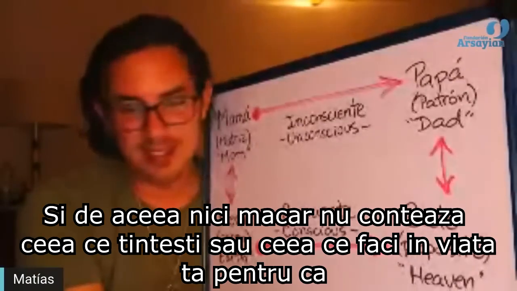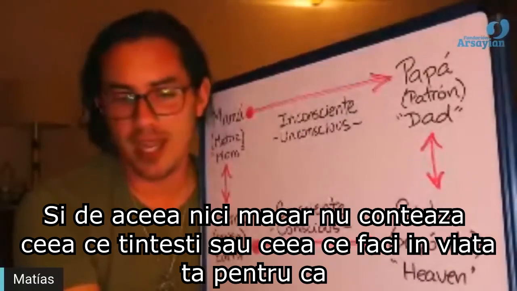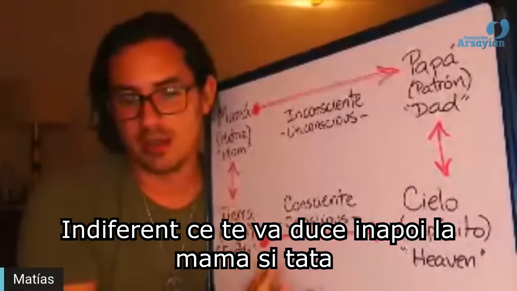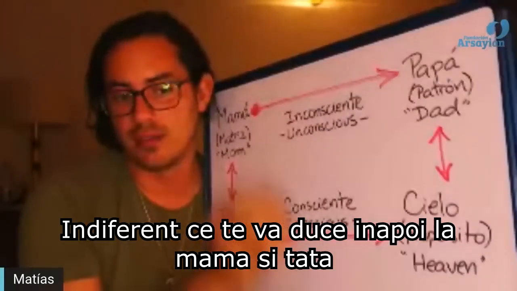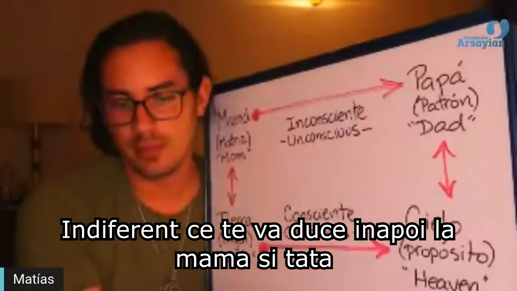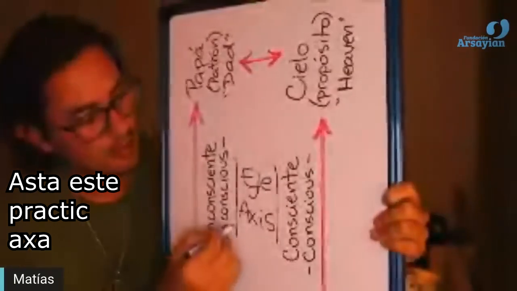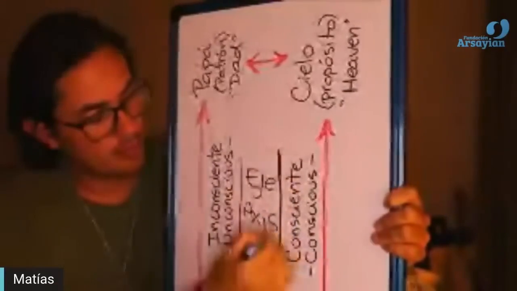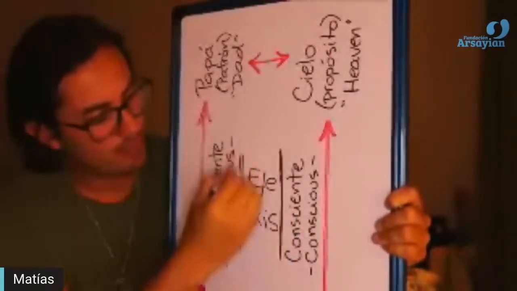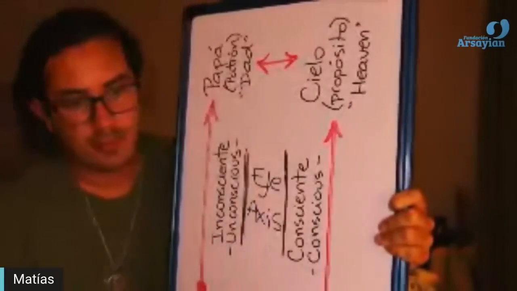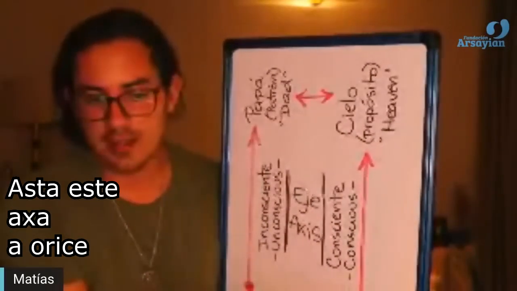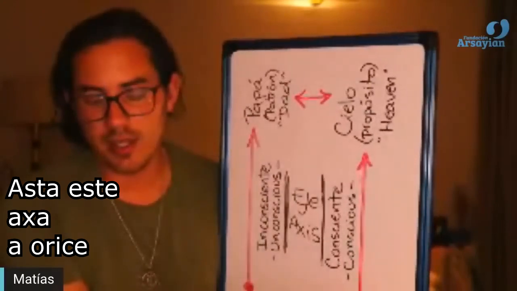This is why it doesn't matter what you aim or do in your life, anything will take you back to mom and dad. So this is basically the axis. This is why this is the axis of everything.